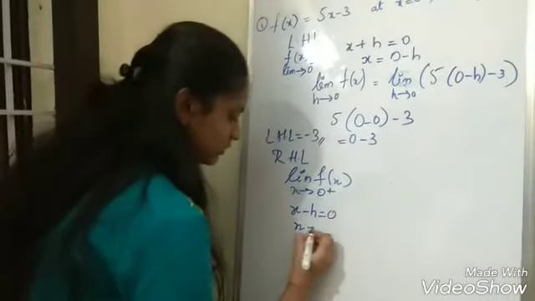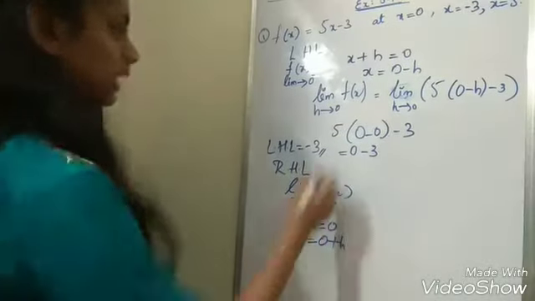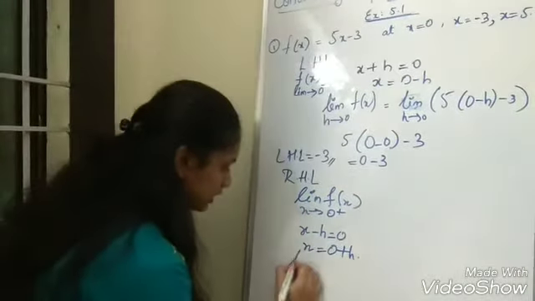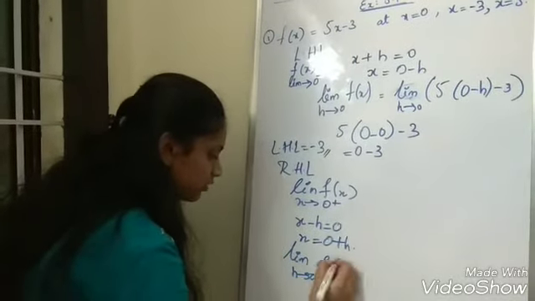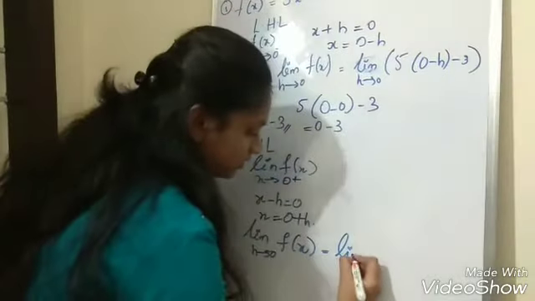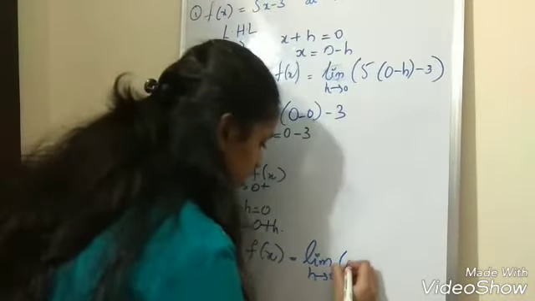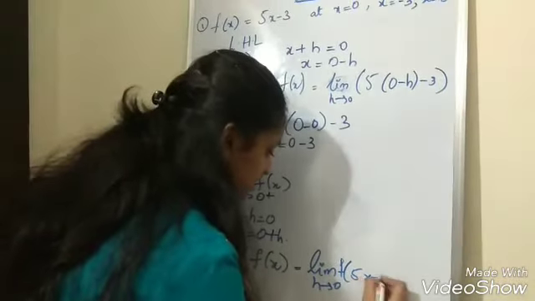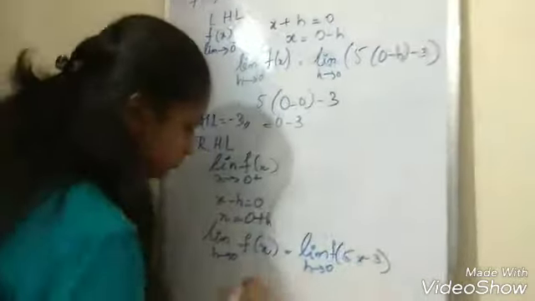Now x will be equal to 0 plus h. So now limit h tends to 0 of f of x is equal to limit h tends to 0 of 5x minus 3. Instead of x we put 0 plus h.